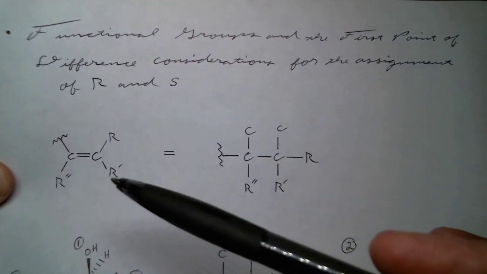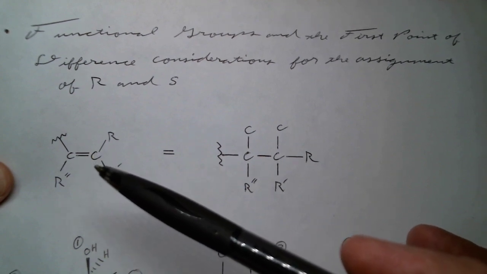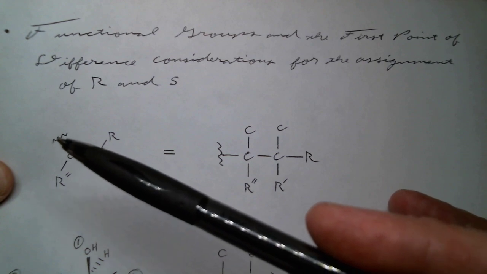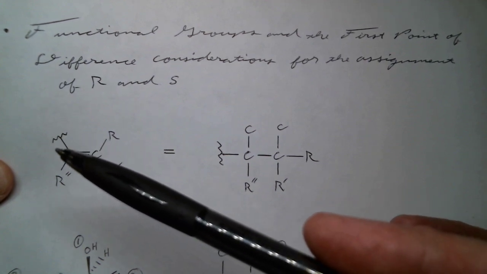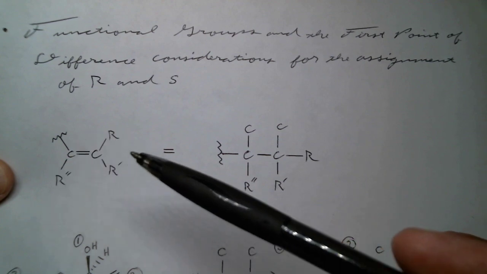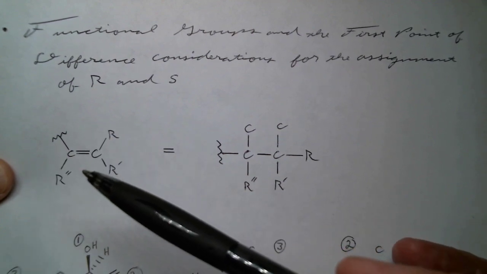So, let's pretend that we have a carbon that has a double bond to another carbon that is attached to a stereocenter. That's what this squiggly line means. It means we've broken that bond between this group and some stereocenter. How do we treat this carbon?